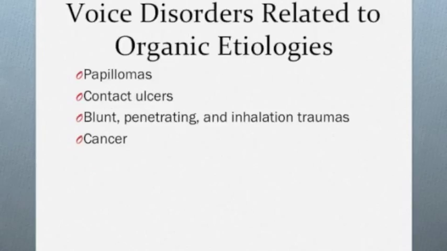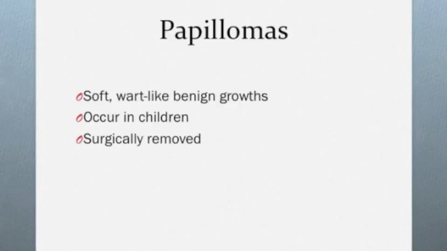Voice disorders related to organic etiologies include papillomas, contact ulcers, blunt, penetrating, and inhalation traumas, and cancer. Papillomas are soft, wart-like, benign growths on the vocal folds of children that have a viral origin. They occur from ages 4 up to puberty.